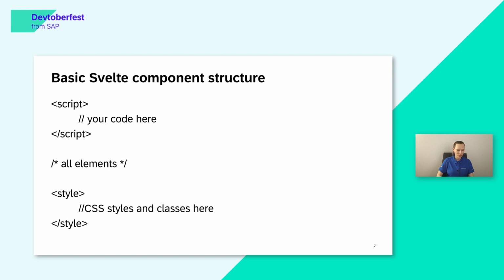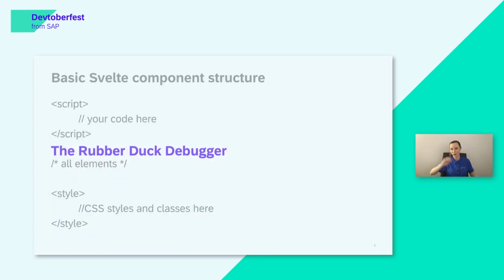And one of the things that I noticed that was really different from React in Svelte, you don't have to have a single parent element housing all of the rest of your elements. It was a little weird to get used to, and you'll see a lot of those habits still in the code to come, but it was actually kind of freeing to not be forced to use a single element in the parent. And now I can just have an entire list of paragraphs if I wanted to.